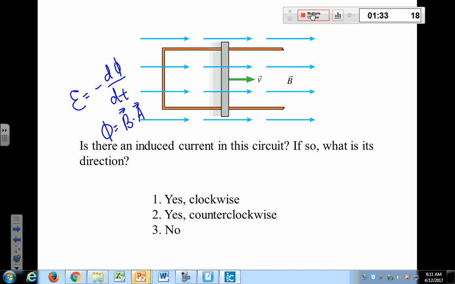In order for this dot product to not be 0, what must be true about B and A? They have to be what? Well, they have to be in the same direction, right? And remember that our area vector is perpendicular to the surface of the area. So in this case, this is my area vector, so my area vector is actually out of the page at this point, or into the page.